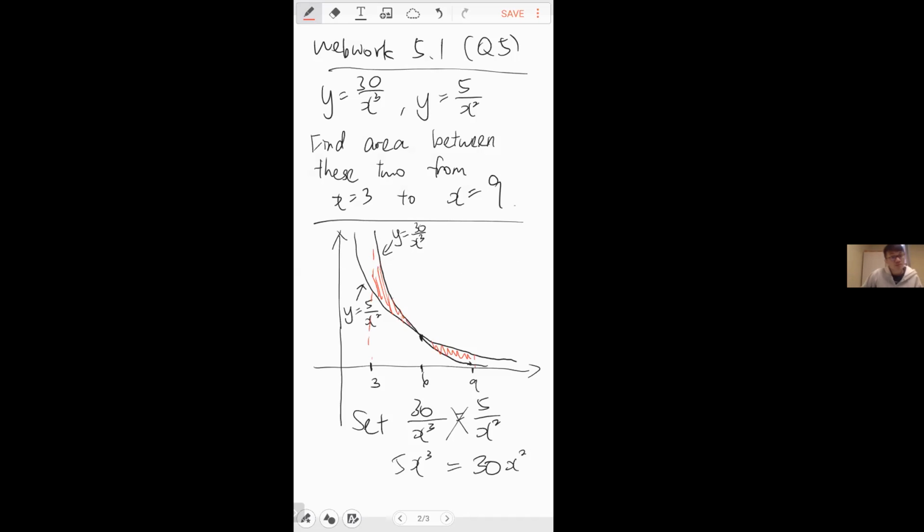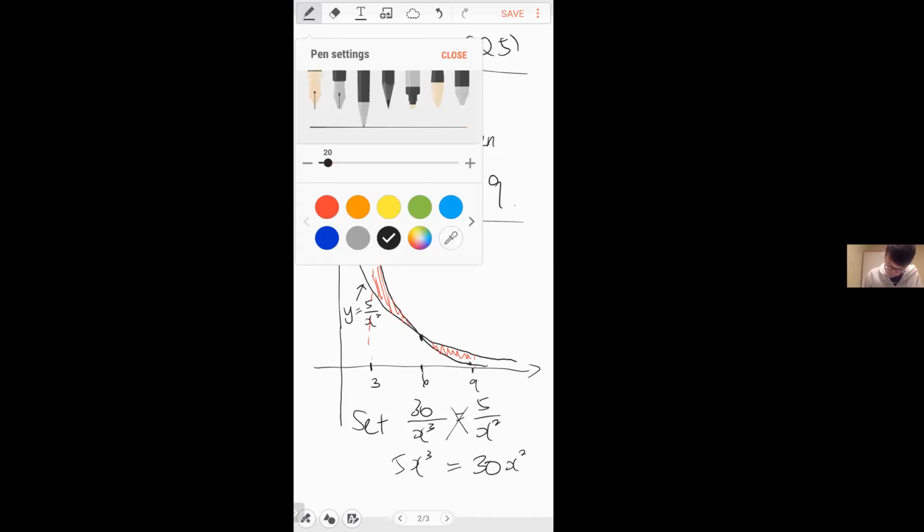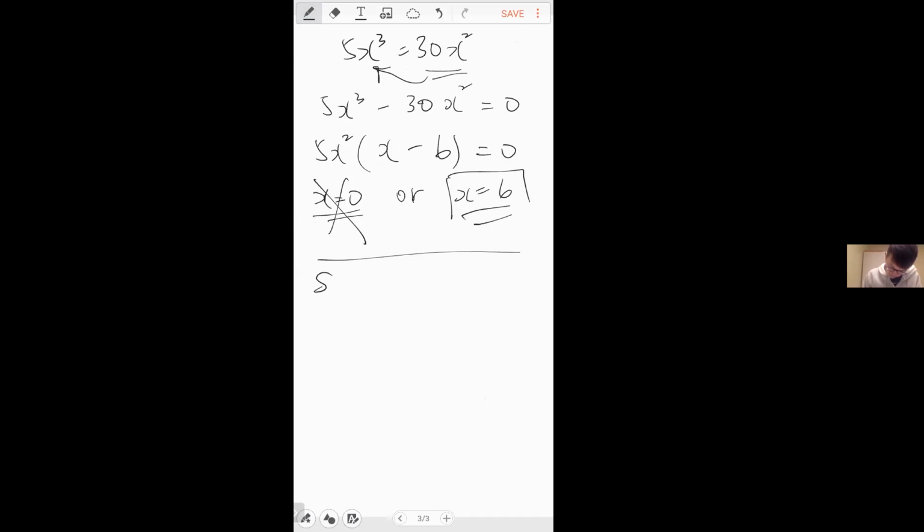So I have two areas, two pieces. What do I do?